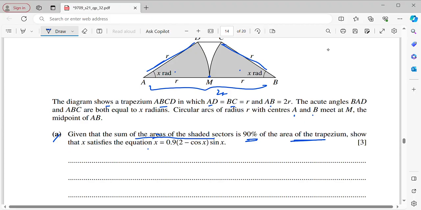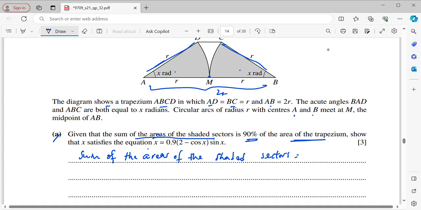Okay, sum of the areas of the shaded sectors. So which means now I need to find, for the area of the shaded region, I will write here sum of the areas of the shaded sectors.